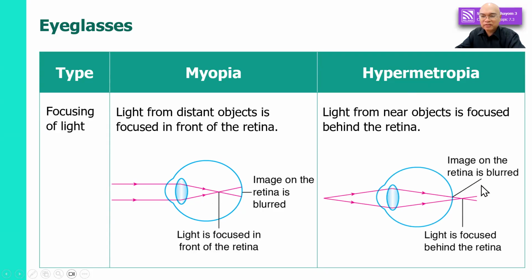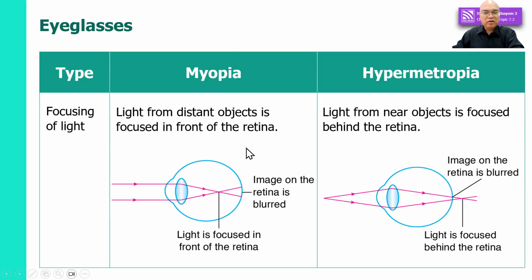The image on the retina is blurred and light is focused behind the retina. The retina is here. So both people having myopia and hypermetropia see images blurred depending on the distance of the image.